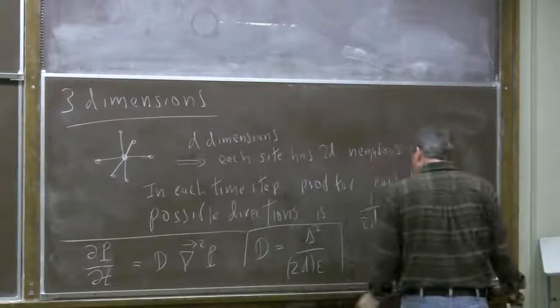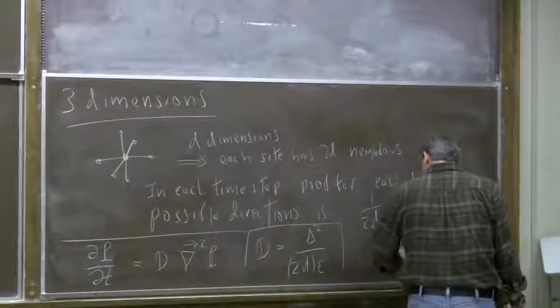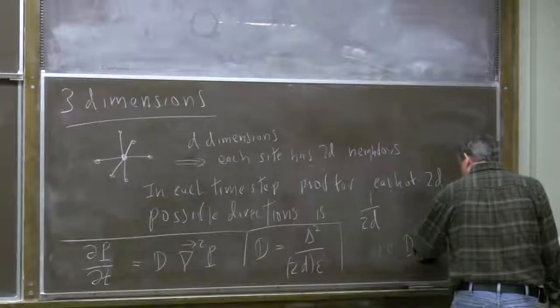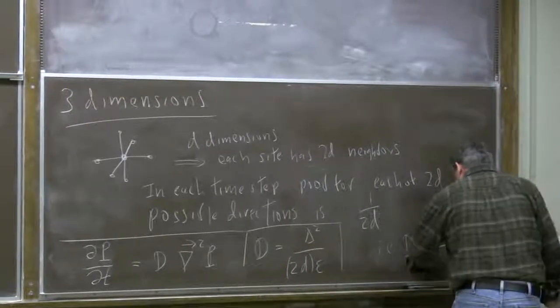So in particular, in 3 dimensions, we will take D equals delta squared over 6 epsilon.